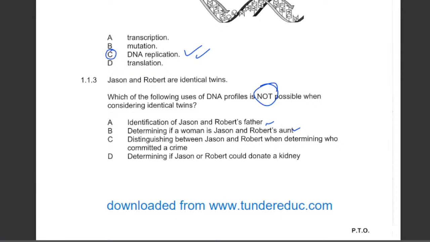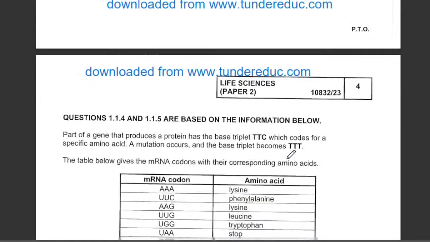Therefore, this might not work that much, because here you are looking at the differences among them. So this one, not really. And then determining if Jason or Robert can be a kidney donor? Yes, this is also correct. So the answer, which looks to be not that much, is this. So it gets the 2 marks.